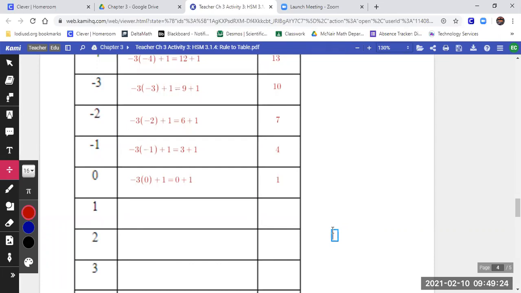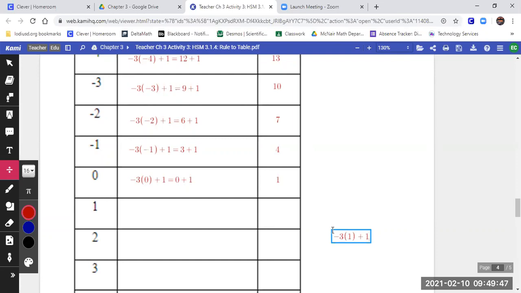Is the negative 3 going to change? Has it changed yet? So what am I going to put in? Only the part before the equal sign. Okay, negative 3 times positive 1 plus 1 more according to the rule.